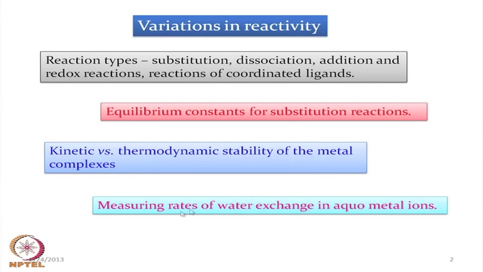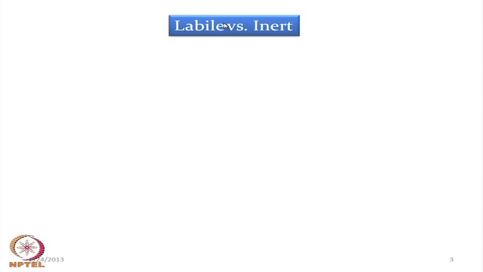Sometimes we can monitor it by some NMR technique or in some cases by isotope effect, that means the water molecules which are being utilized are isotopically labeled, that means O17 or O18 of water molecules can be labeled, and we can find out the corresponding exchange reaction with that of our parent aqueous complexes. So, we find that we get two different types of compounds, one is labile and another is inert.